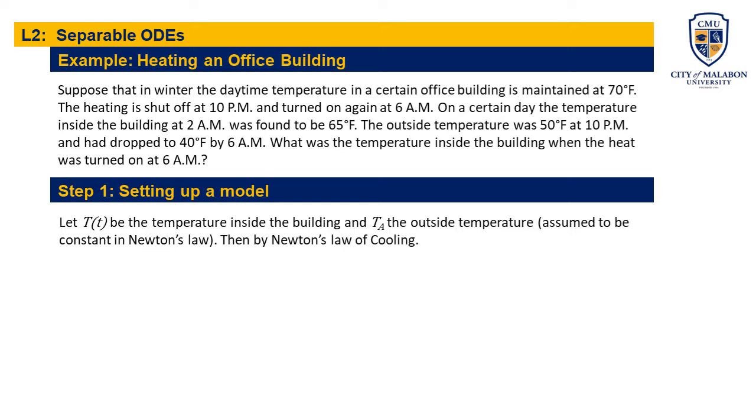So by Newton's law, we will have this particular relationship: the derivative of the temperature inside the building with respect to time is equal to a proportionality constant K multiplied by the difference of the temperature, the temperature of the body minus the temperature outside the building. So we now have a model.